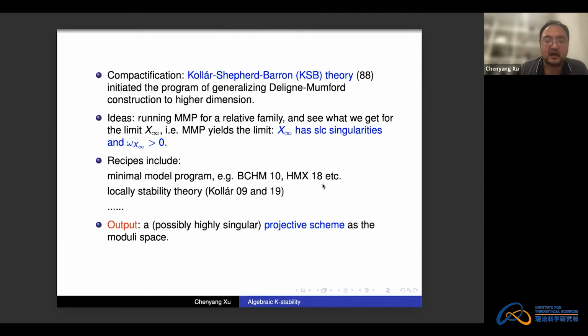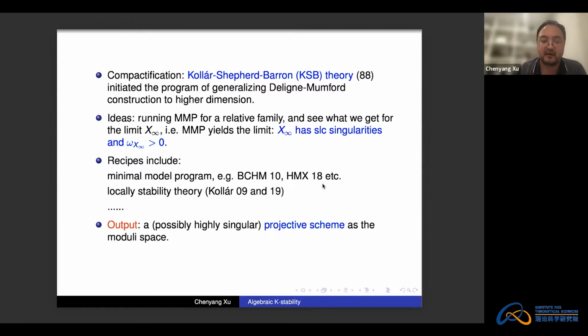But then there was another alternative approach initiated by Kollár, Shepherd-Barron in '88. Instead of using GIT, they looked at the Deligne-Mumford way to compactify it. They realized that the main recipe in this construction, which generalizes to higher dimension, is the minimal model program. In the surface case, you have to study the minimal model program of a surface, or a curve.